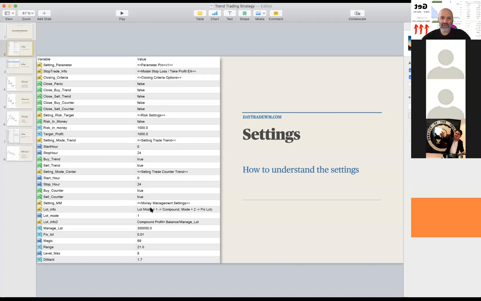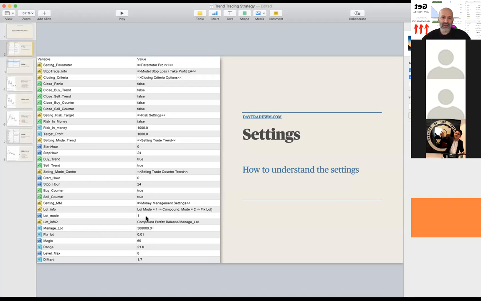So when you have lot mode equal 1, it will look at the second information here, which is compound, and then you can set this manage lot number to whatever you want. Now, I will explain how it works. If you set this to lot mode 2, then it will just look at the fixed lot. So whatever value you have here, it will start with this value.